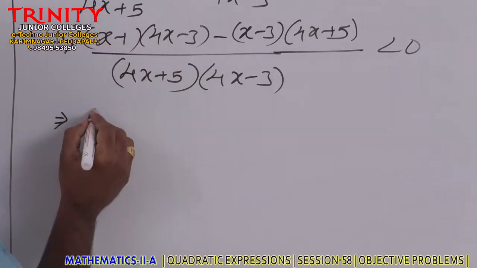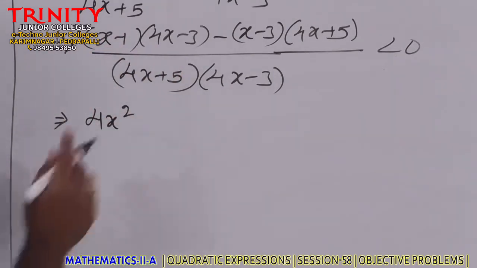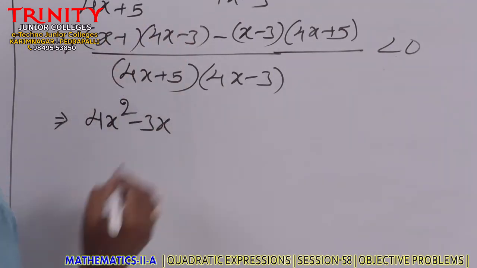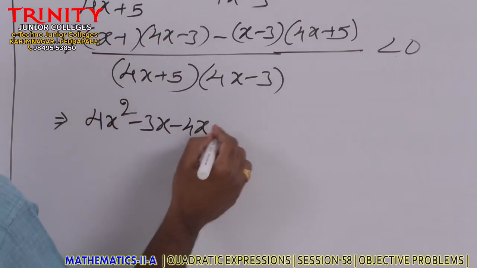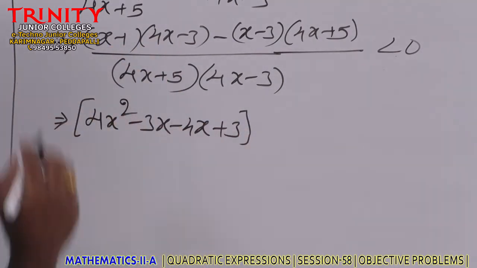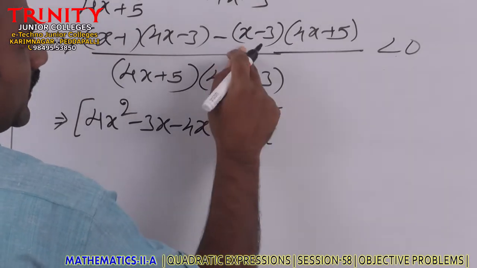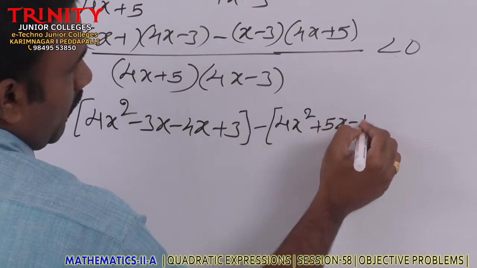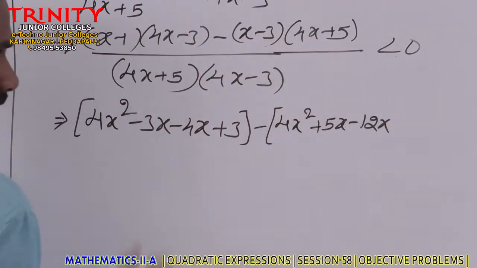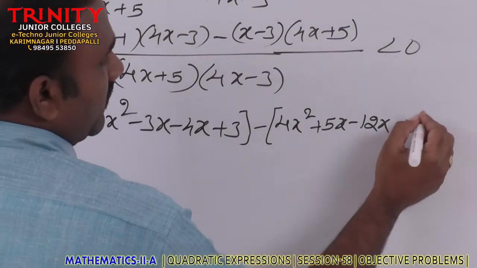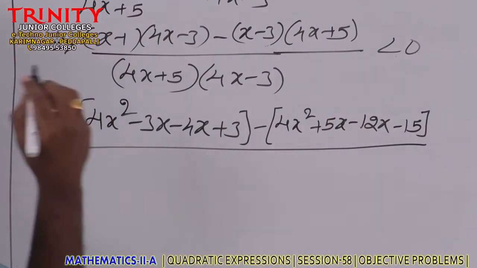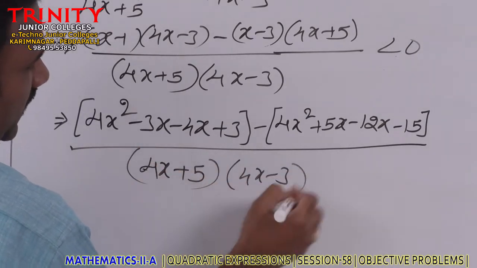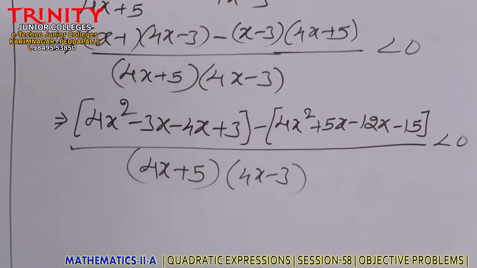x into 4x is 4x square, minus 3x minus 4x plus 3, that is the first bracket, minus (4x square plus 5x minus 12x minus 15), divided by the denominator, which you keep as it is, (4x plus 5) into (4x minus 3), less than 0.